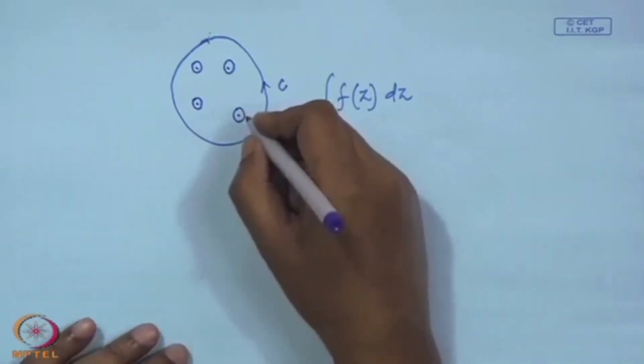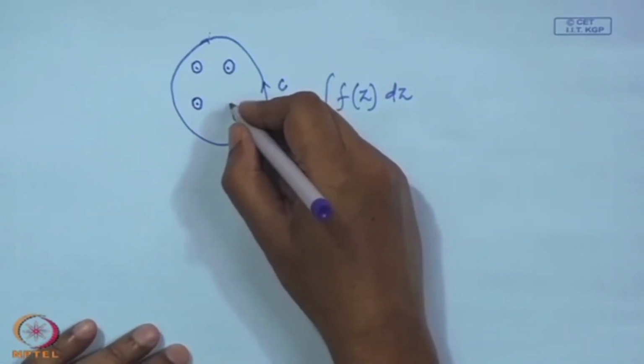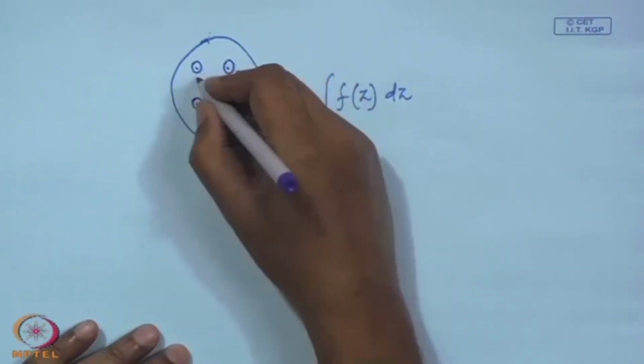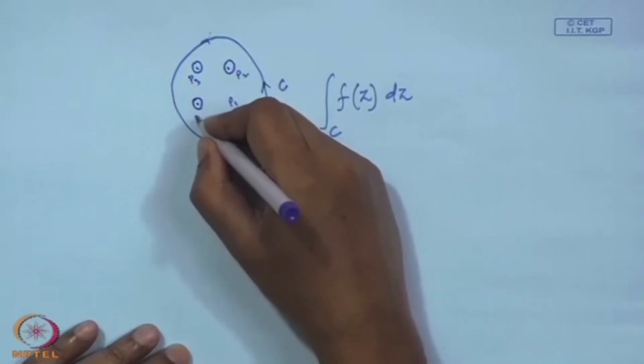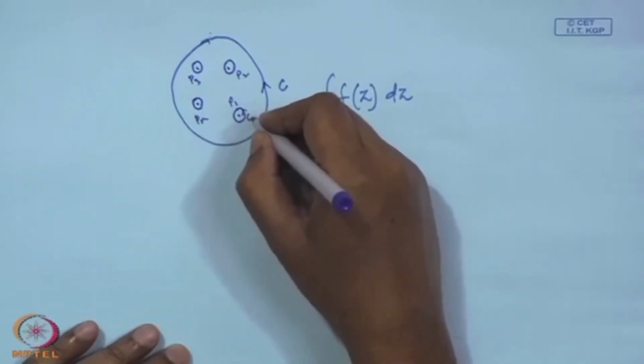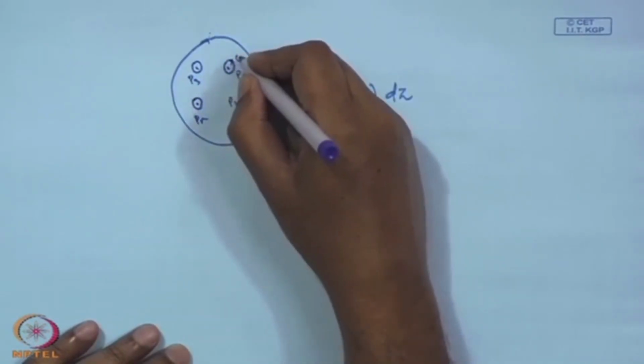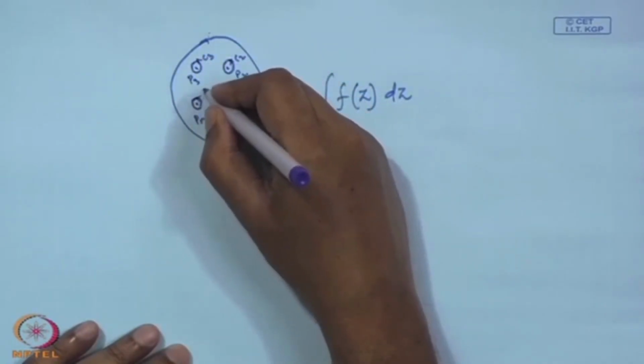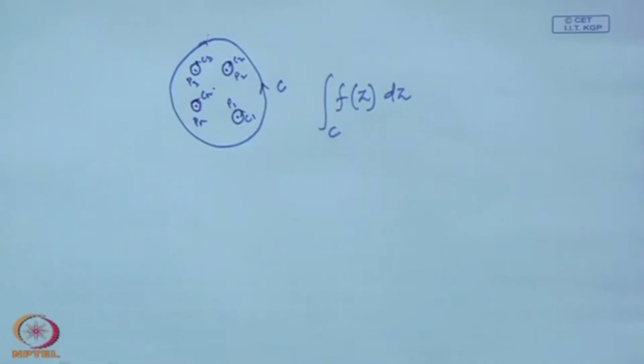Say these points are P 1, P 2, P 3, so on, P n. We call these curves C 1, C 2, C 3, C n.